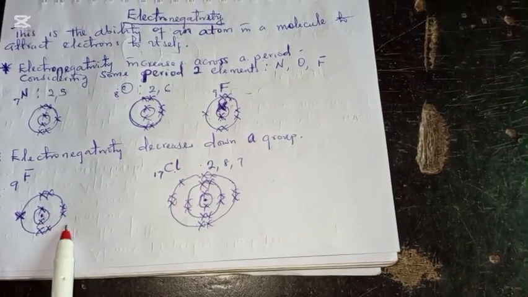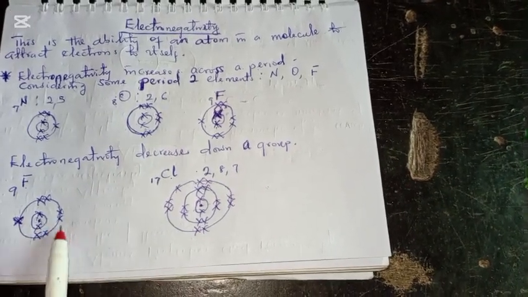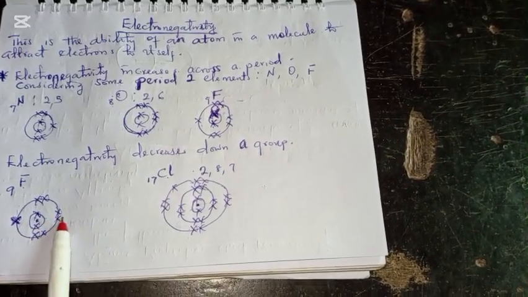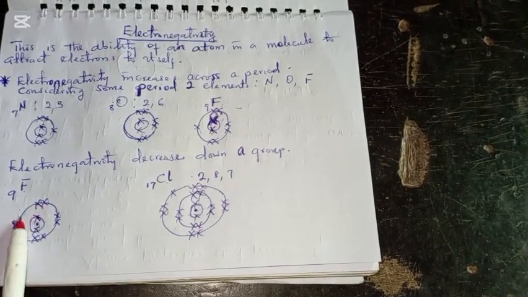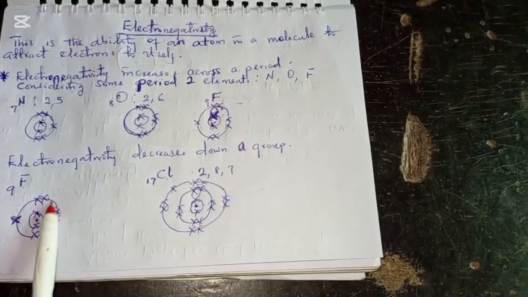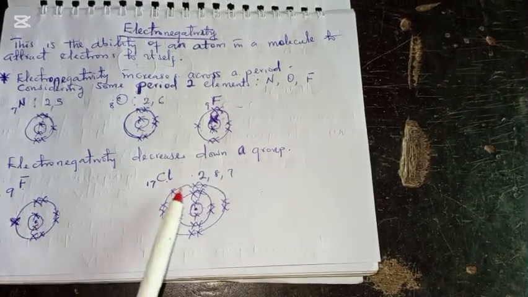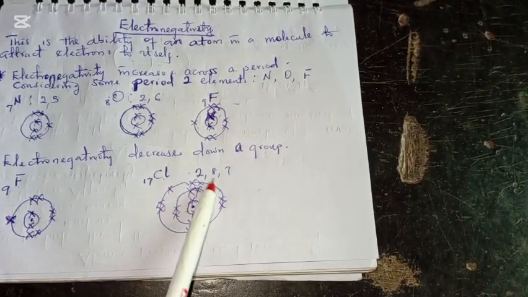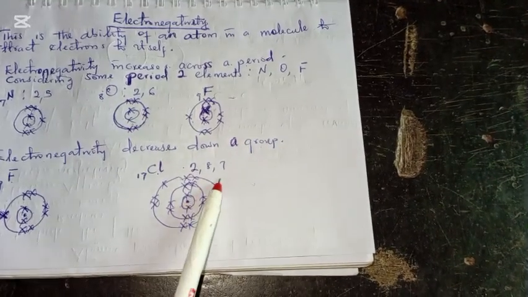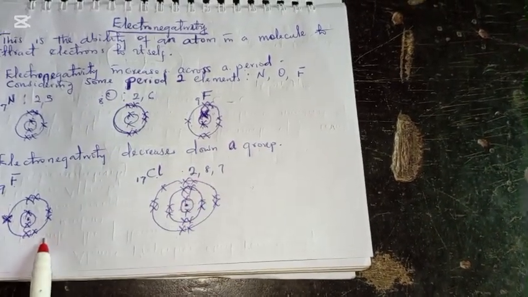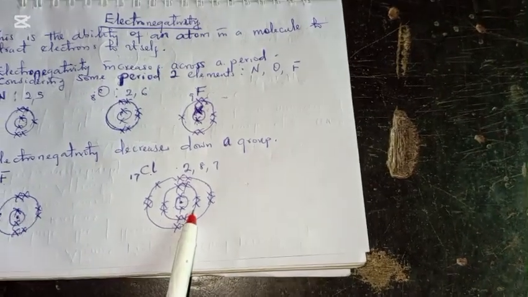Now, since this has more ability to attract electrons to itself, we can say the energy required for electrons to be attracted to this is lesser, while for this one, the energy required for electrons to be attracted to it will be more.